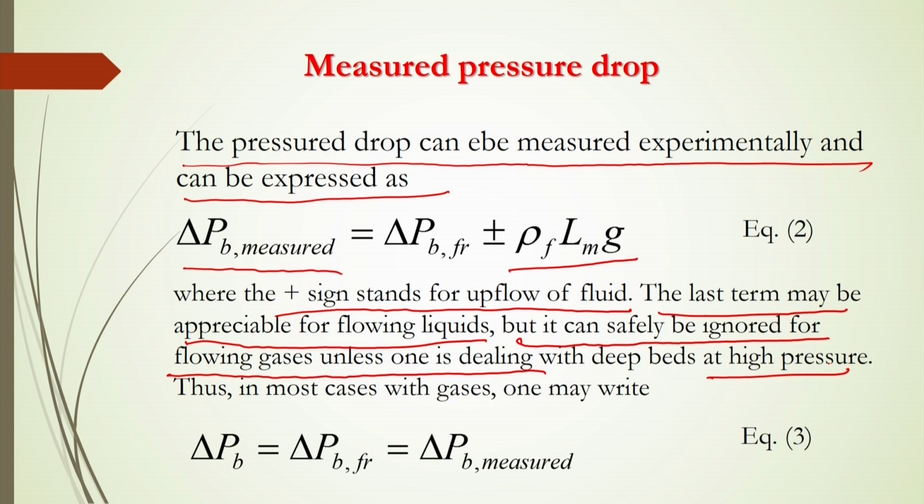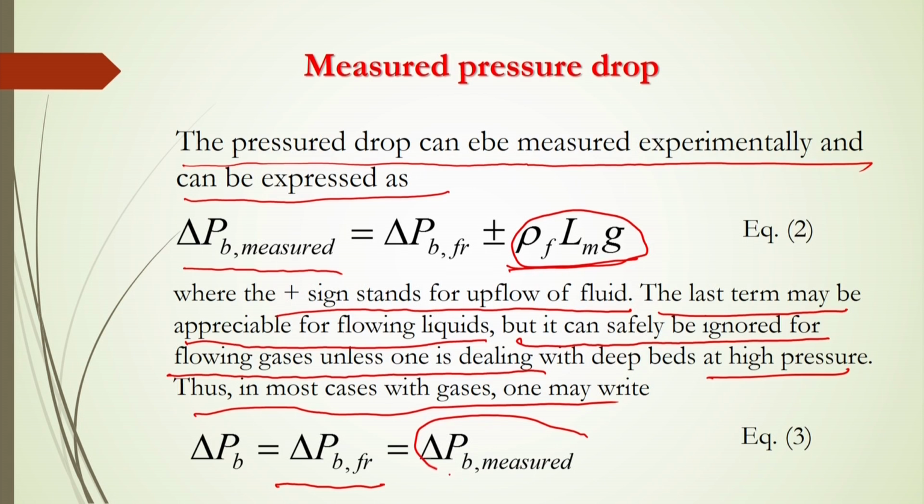Of course, at high pressure you have to consider this hydrostatic pressure also. Now, in most cases with gases you can directly obtain the bed pressure drop by considering the frictional pressure drop. So, the frictional pressure drop of the bed will be equal to the measured pressure drop. This is shown in equation number 3.